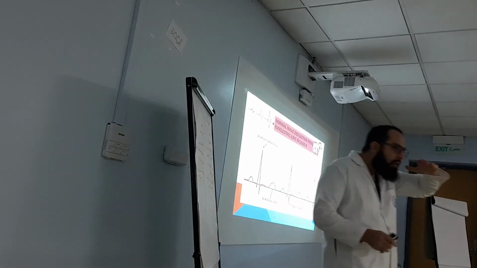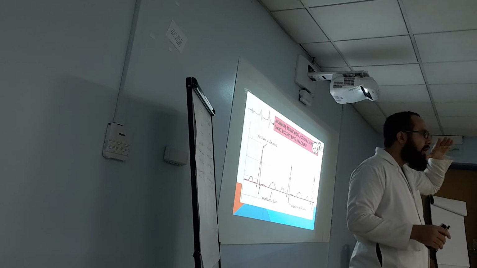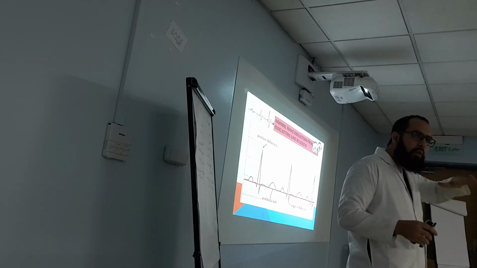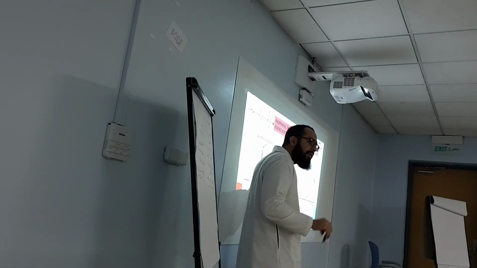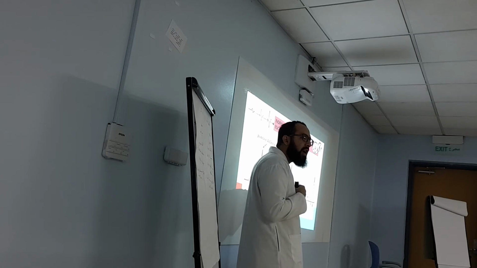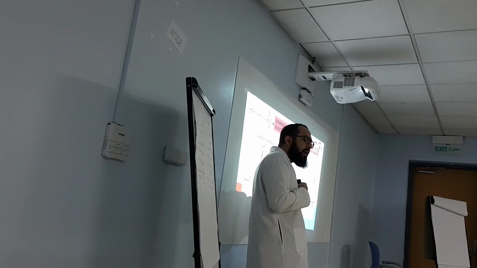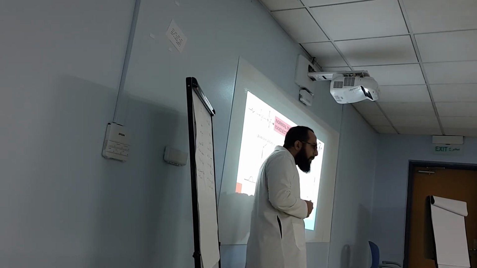This is the no energy, the balance, in between the high and the low. This is the zero. No energy here. Isoelectric line. No energy. The flat. If the patient has cardiac arrest, he will have only this line. If the heart starts to work, it will go up, or down.